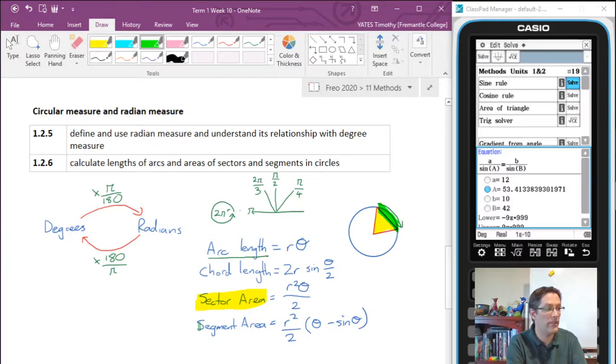So we've got the green section there, that's the segment. All of these ones, except for chord length, do require us to use radians. Anytime that our theta is outside of a sine function, we need to use radians. So we just have to make sure we're doing that.